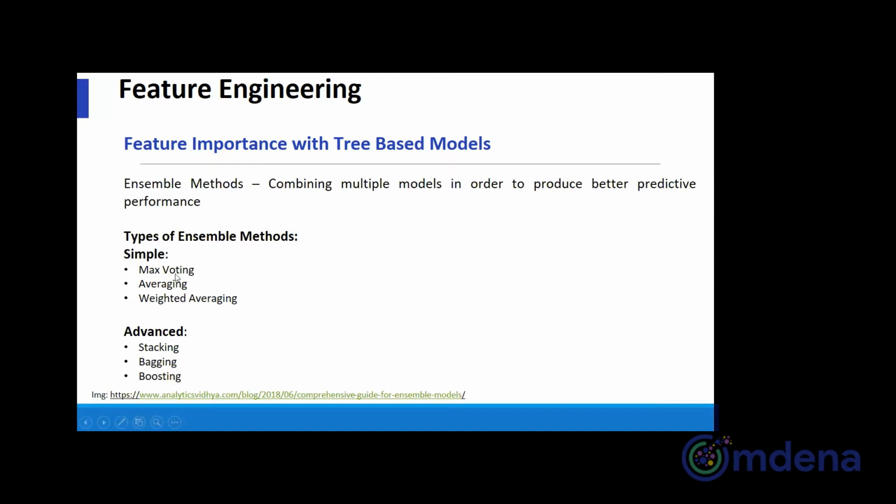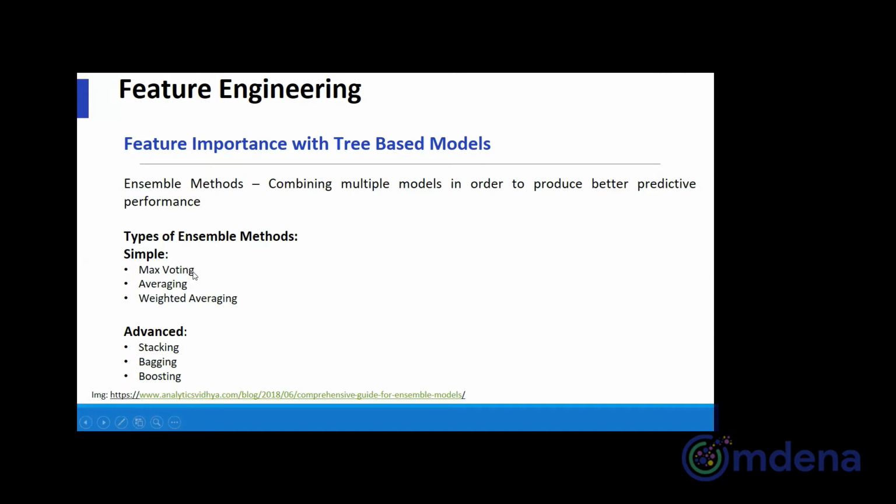Ensemble methods are divided into two types: simple ensemble methods and advanced ensemble methods. I'm not going to concentrate much on the simple ones because in our data set we have implemented the advanced ensemble methods, but I'll still explain at a high level how the simple ones work.